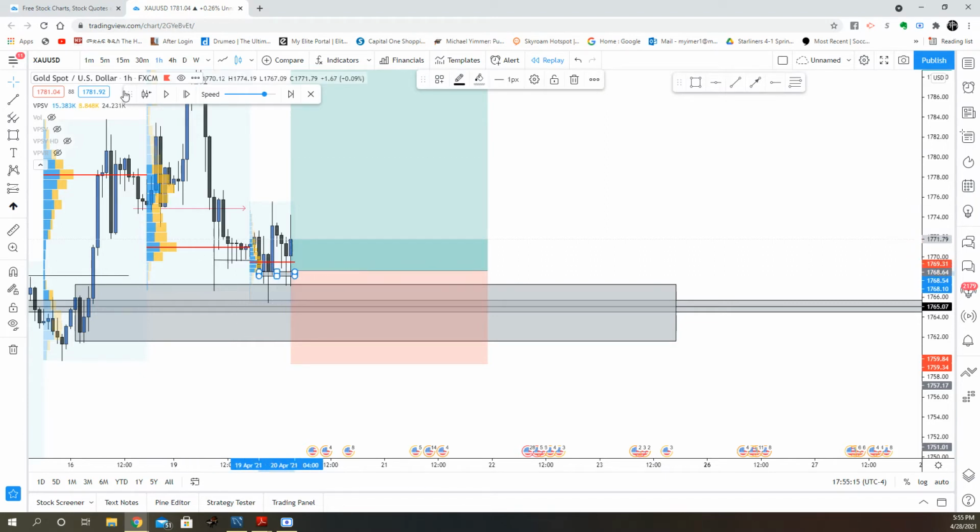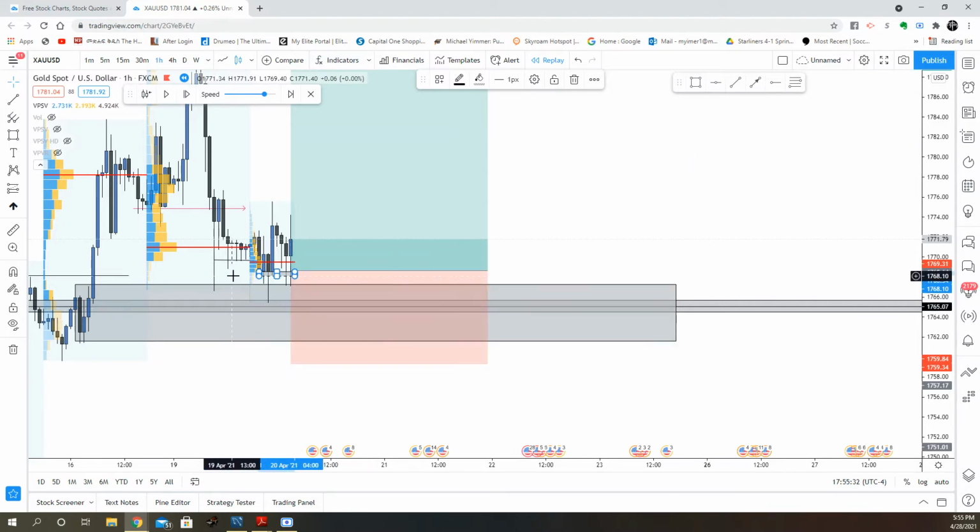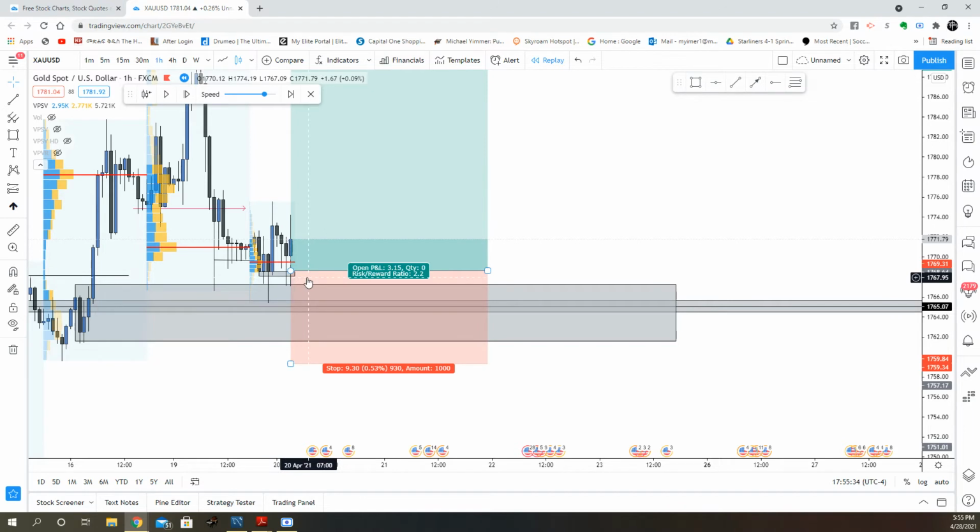You can find this volume in indicators: volume profile, visible range, fixed range, also session volume. I use all of them. But yeah, I think you have to pay for the pro version of TradingView. So this gives me extra confirmation, and this is a buy for me.